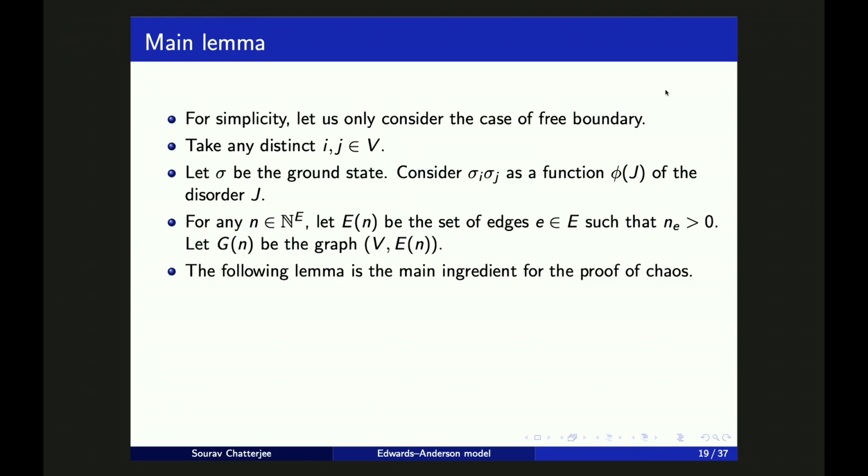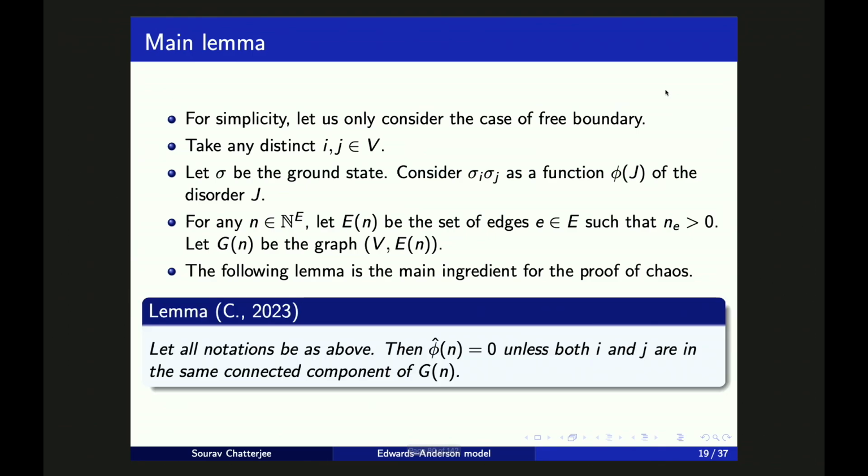And the following lemma is the main ingredient. With this notation, phi hat of n, the nth Fourier coefficient of this phi, Fourier in the sense of this Hermite polynomial basis, is 0 unless both i and j are in the same connected component of this subgraph of the original graph. So you have this function. Nothing is random here.